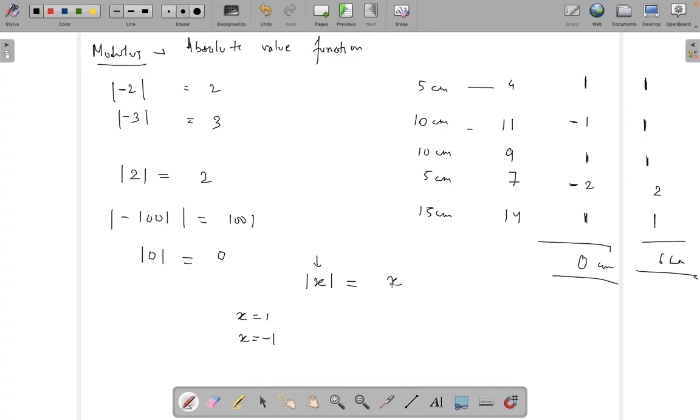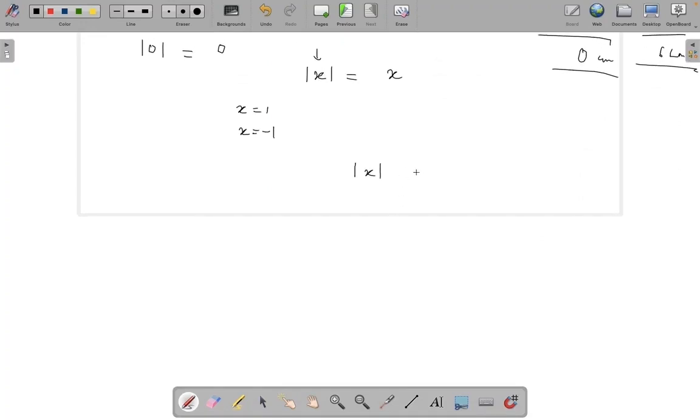So when I give you a number x, there can be 3 possible cases, right? The first case is x greater than 0. The second case is x equal to 0. The third case is x less than 0. So x can be positive, x can be negative, or x can be 0. So what will this give me if x is greater than 0, or if x is positive? x.